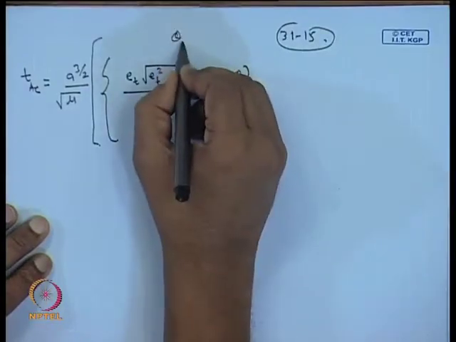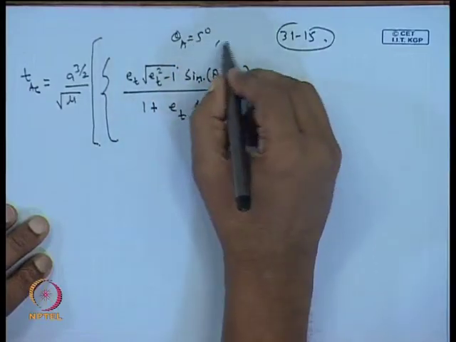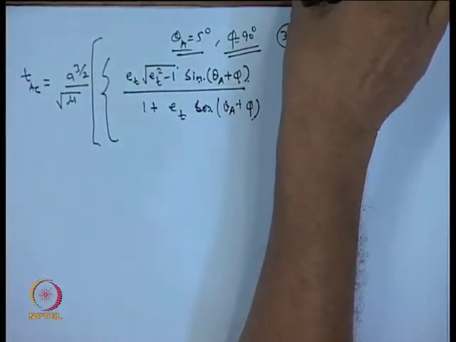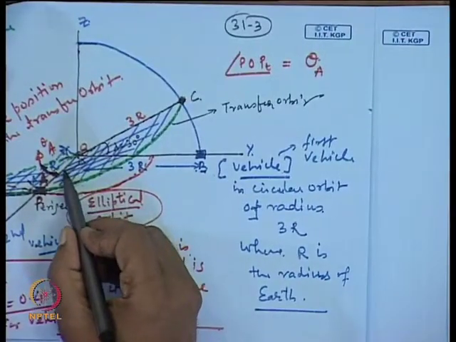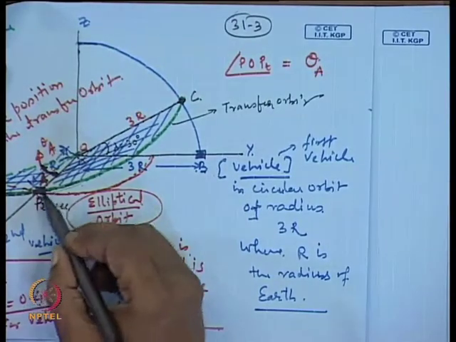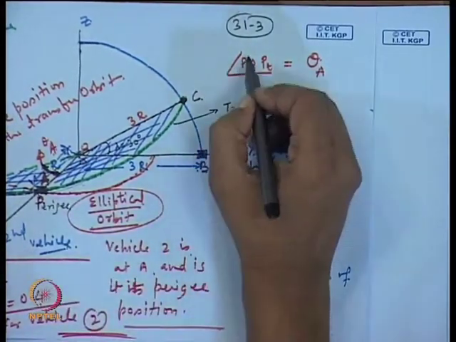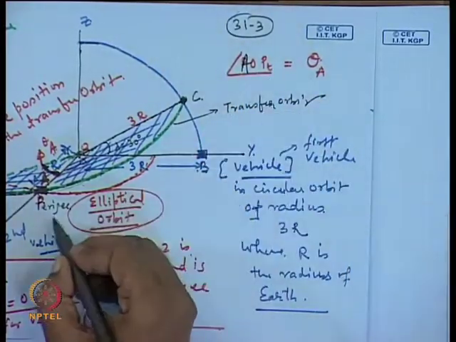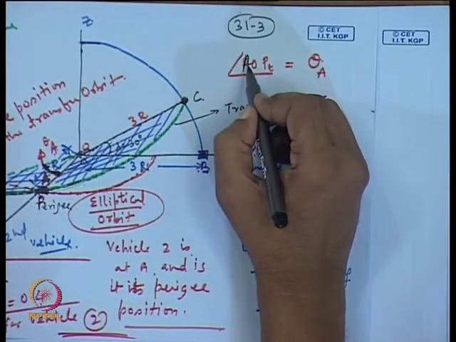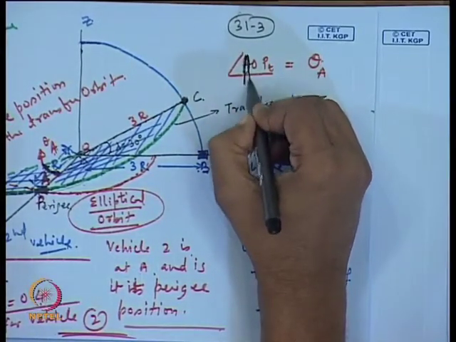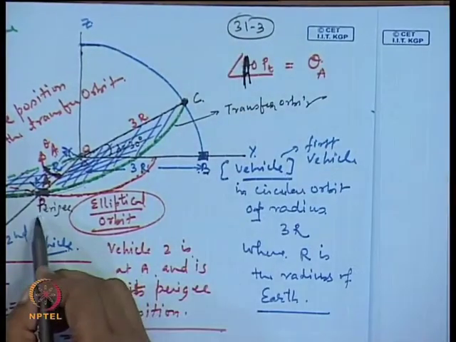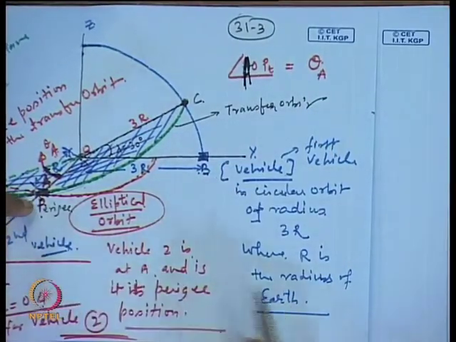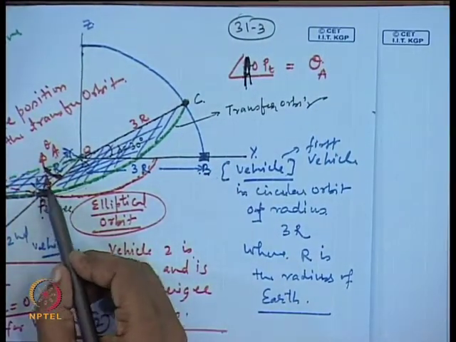Here theta A we have taken as 5 degree assumed, and phi is given to be 90 degree, which is nothing but this angle, your phi from P, this is angle AOC. Here we can change this to A, because the P notation we have written as perigee. So, instead of this we are using this A.